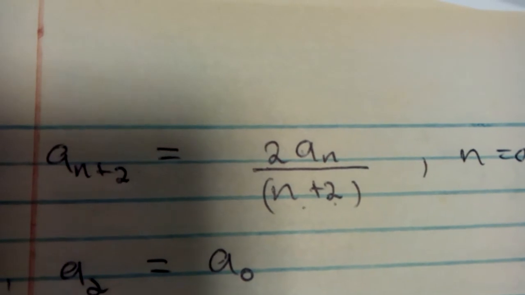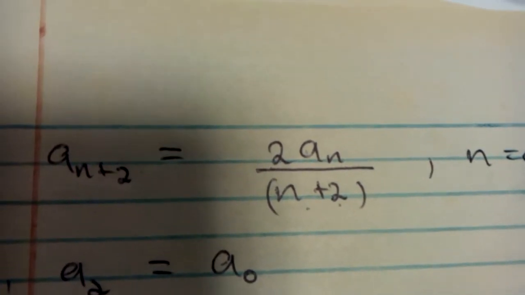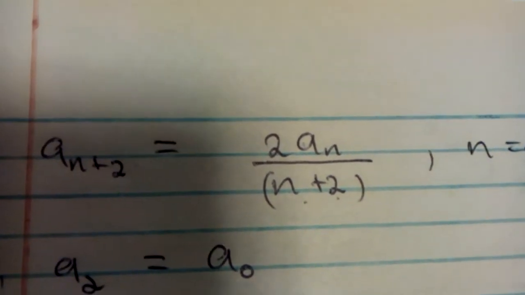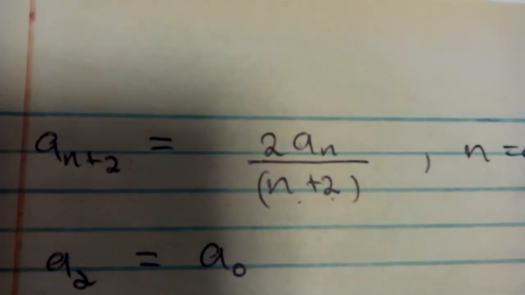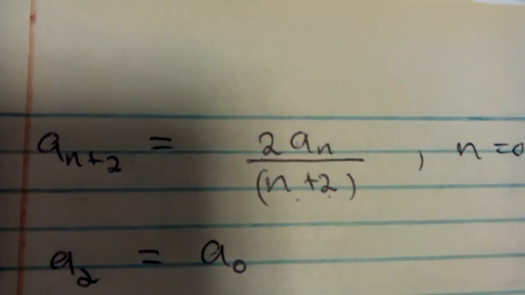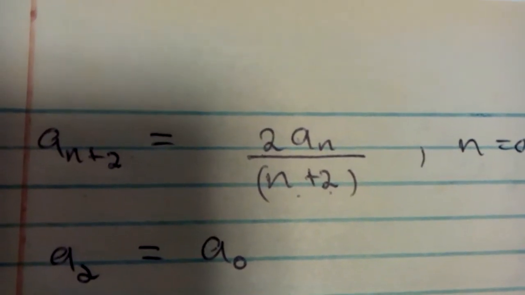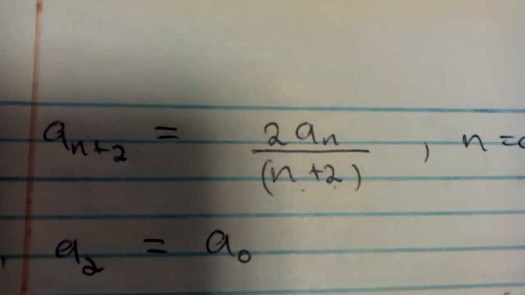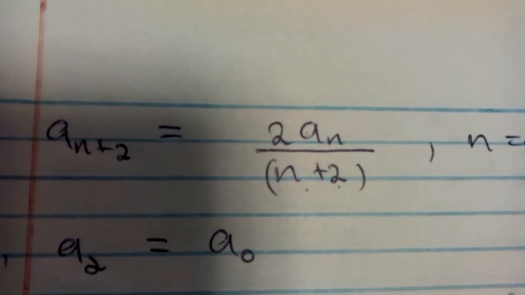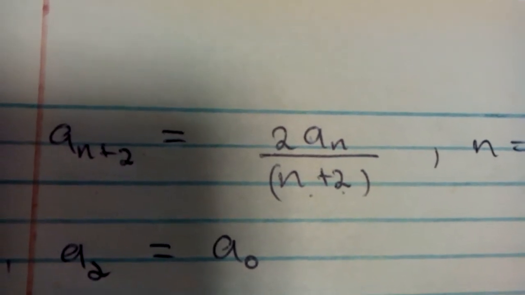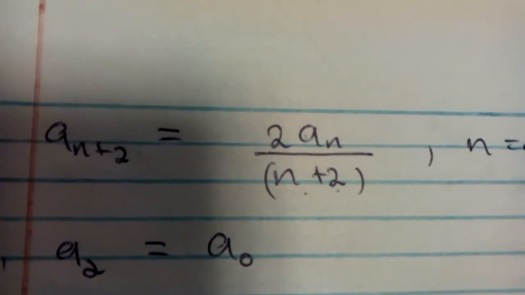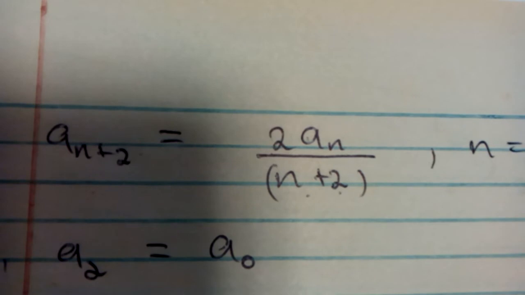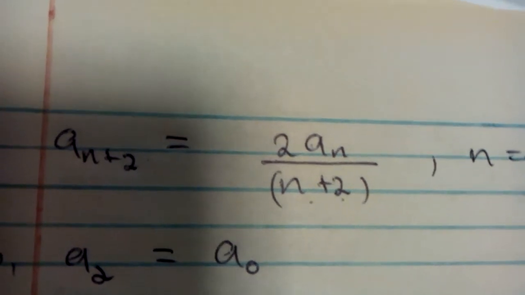And then when n is equal to 2, I get what? a4, which is equal to 2 times a2 over 4. And this implies a4 is equal to what? 1/2 a naught.